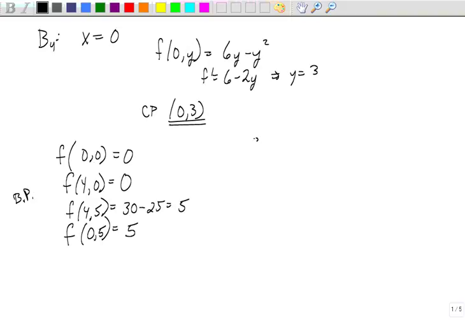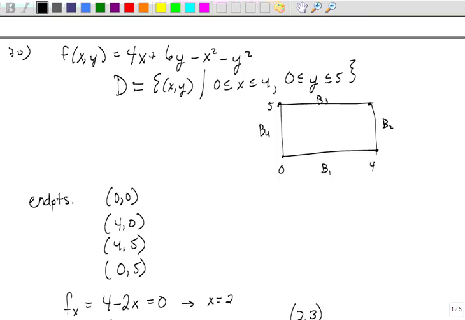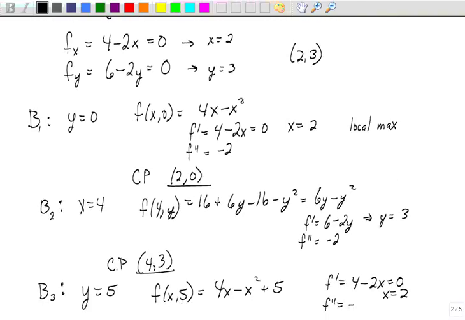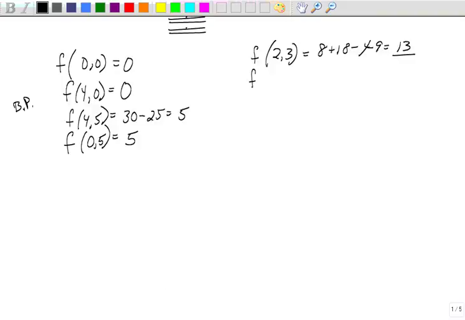Now, critical points, we have f(2, 3), which is 8 plus 18 minus 4 minus 9, is 13. And then let's go back and look. Okay, (2, 3). We have (2, 0) and (4, 3) we need to check.